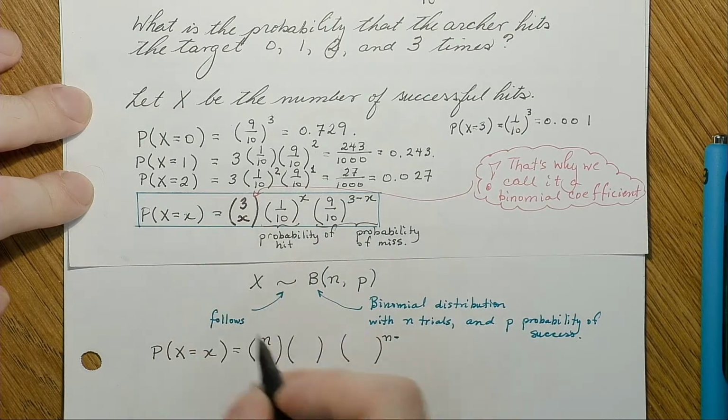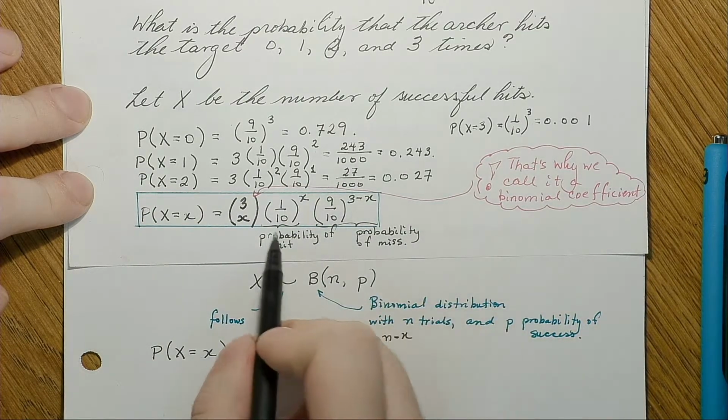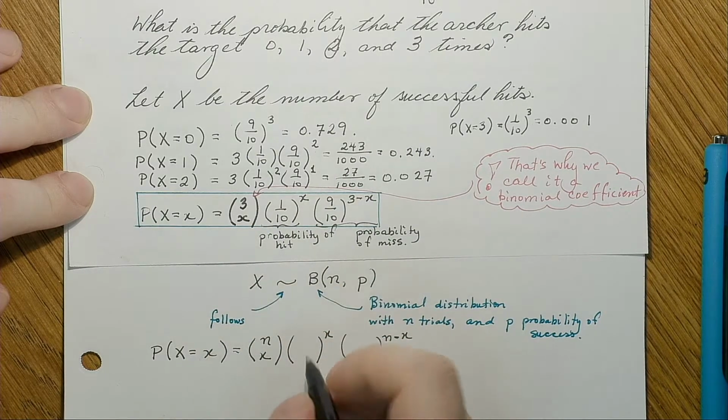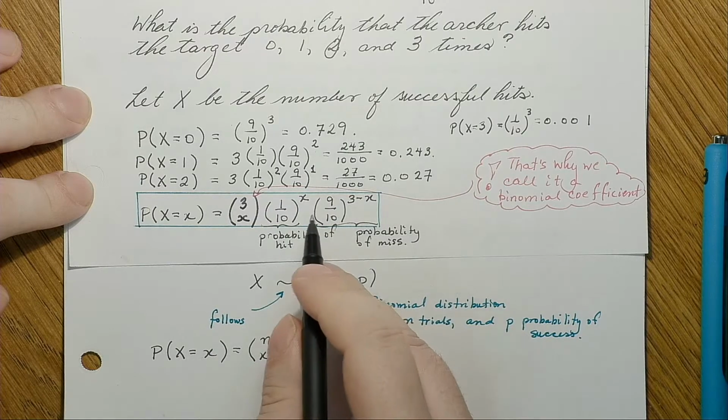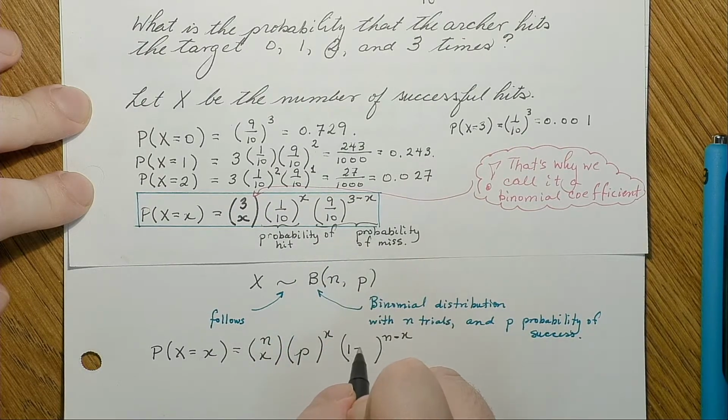We'll keep the x, because that's the number of successes. And the probability of success, in this case 1/10, we'll write as P. And then the probability of a miss or a failure would be 1 minus P.